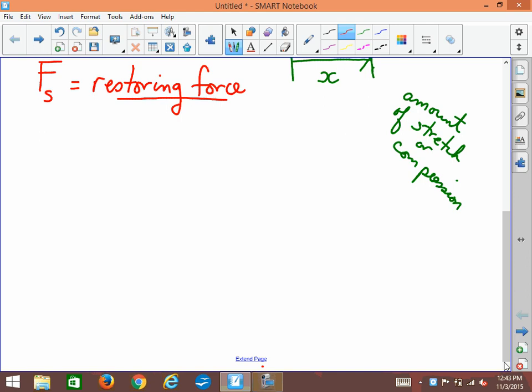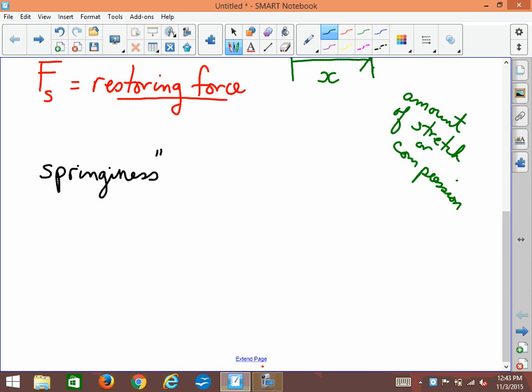So, if we look at what affects this force on the spring, one thing is the springiness of the spring. How springy is it?